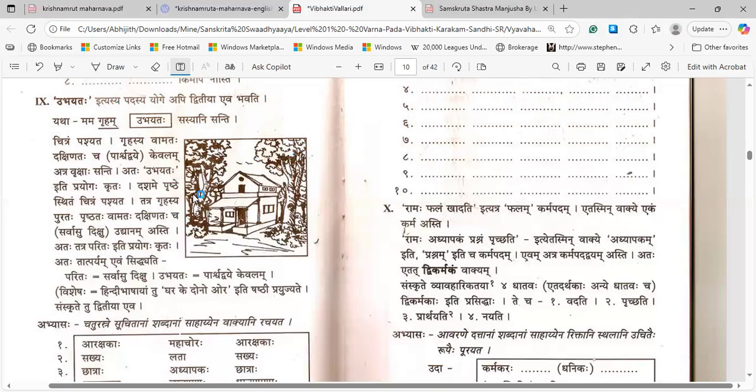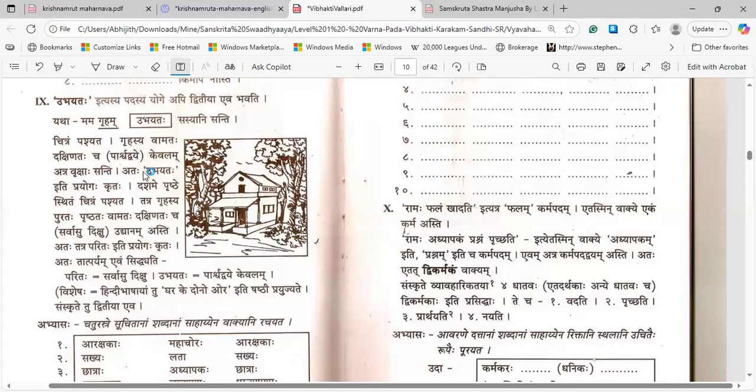Now, what have they given in the picture? They have given: Chitram Pashyata. Look at the picture. Grihasya Vamataha Dakshinataha Cha. Parshvadvaye Kevalam Atra Vrikshaha Santi. Bahuvachanam, Vrikshaha Santi.